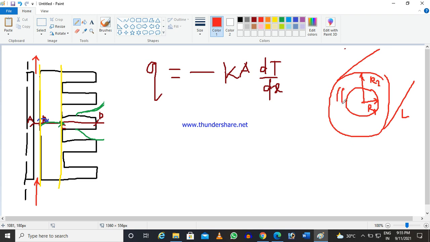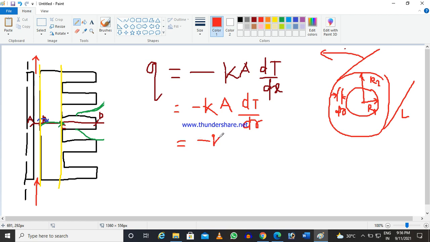Now I am considering one small segment, which is dr. So now simply the dx I can replace by dr. Now for this, the area through which the conduction is taking place is nothing but 2 pi RL.